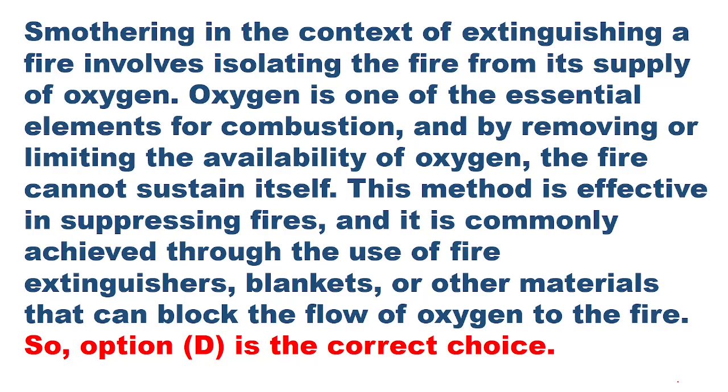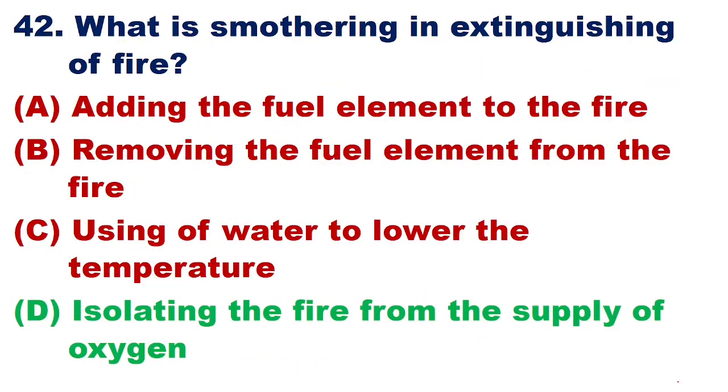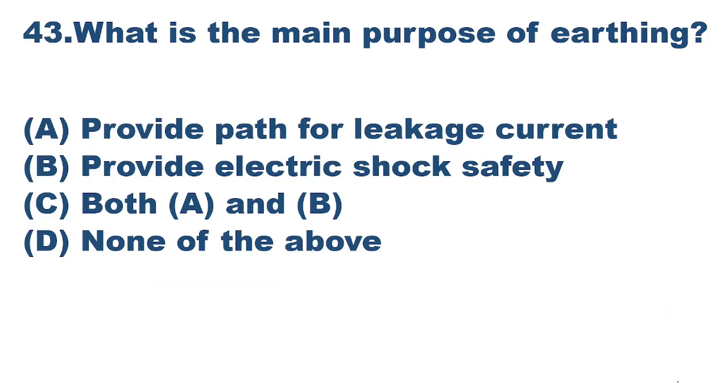This method is effective in suppressing fires, and it is commonly achieved through the use of fire extinguishers, blankets, or other materials that can block the flow of oxygen to the fire. Therefore, option D is the right answer. So smothering in extinguishing of fire is option D, isolating the fire from the supply of oxygen. Then we'll go to the next question.